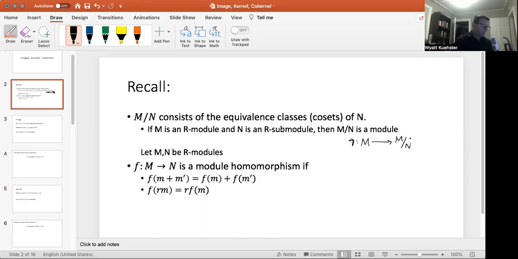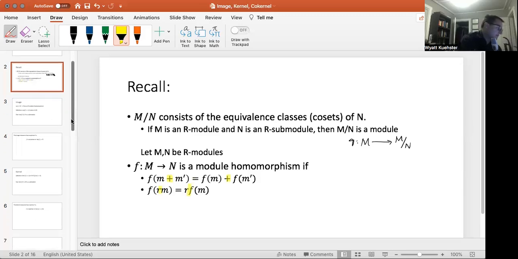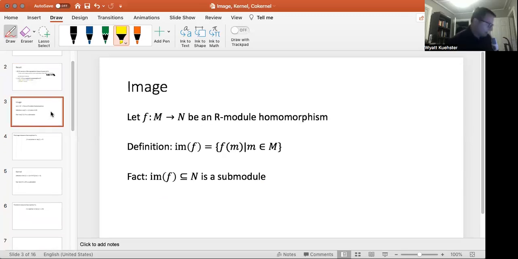Okay? And then if M and N are R modules, in a previous video, we defined what it means for a function f to be a module homomorphism. It means it has to respect addition and the scalar multiplication. Okay, so we'll need those for this video. And like I said, we defined the range of a function.